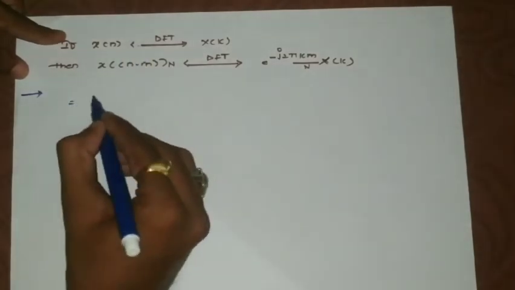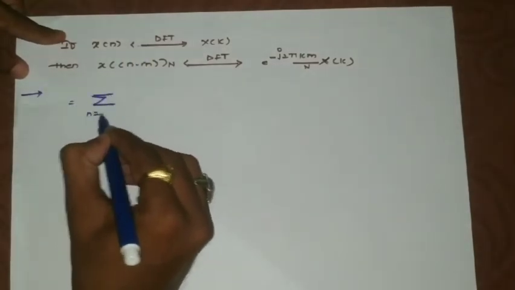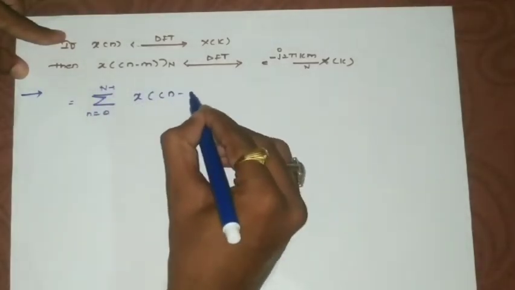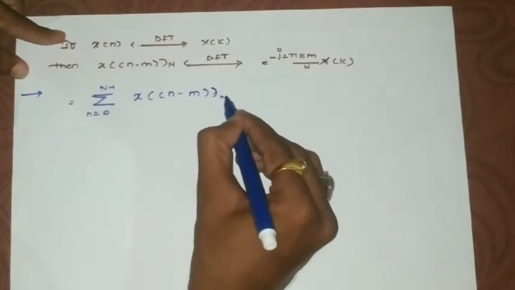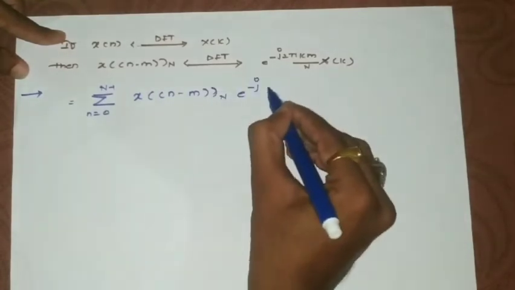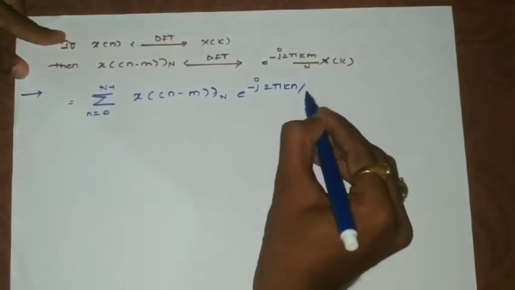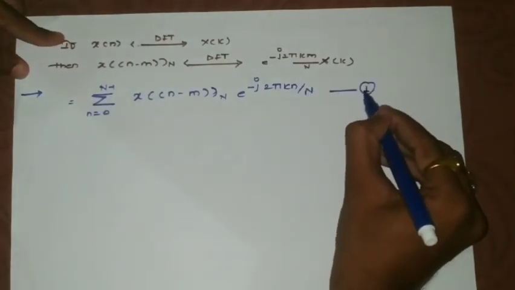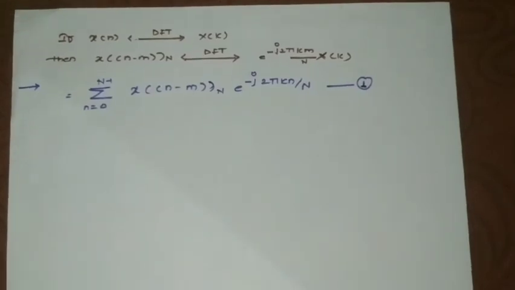I'm writing directly, DFT of this particular sequence can be written as summation n from 0 to n minus 1, x of n minus m modulo n, into e raised to minus j 2 pi k n by n. I hope you understood the basics of circular shift of a sequence. Now we'll go for the proof.